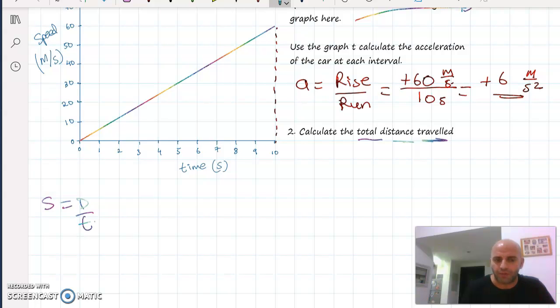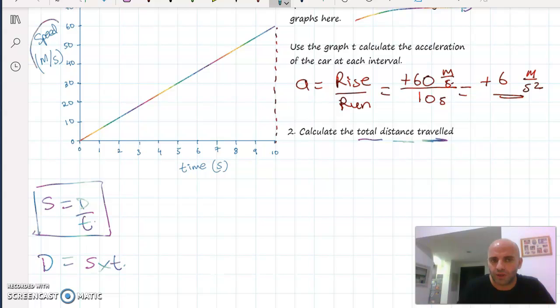You wouldn't use this in this case, but if you think about it for a second, it gives us distance equals speed multiplied by time. Now, on your vertical axis you've got speed, and on your horizontal axis you've got time. So speed multiplied by time, according to this formula, gives us a distance or displacement.